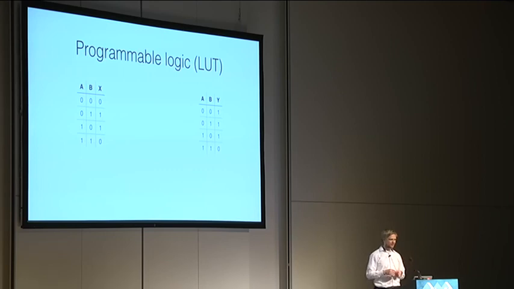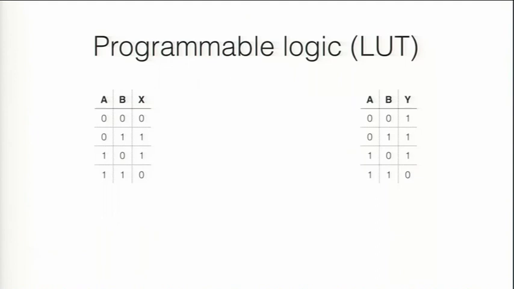I will just call them A and B, and the combinations are very obvious. And in programmable logic, you can set X to whatever you want. For example, on the left side, you see an XOR realized: if you have 0, 0 as input, it will output a 0. If it has 1 and 1 as input, it will output a 0, and otherwise it will output a 1.